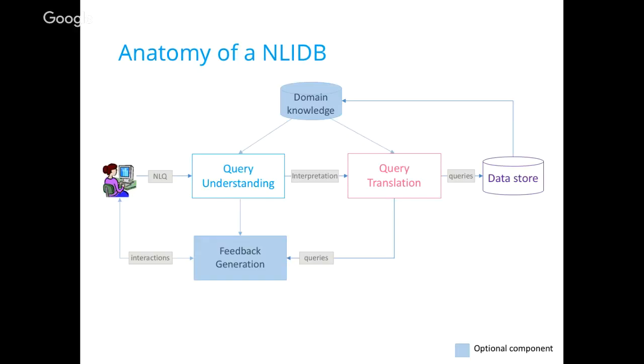There are also two optional components. It could have some domain knowledge that we leverage in both query understanding as well as translation. There could also be some feedback generation so that we can get user feedback as needed to improve both the understanding as well as translation.